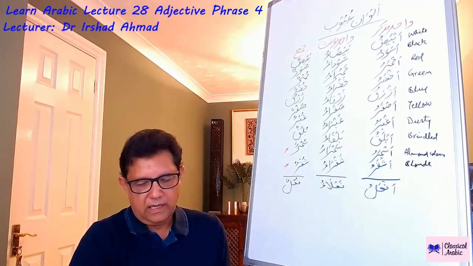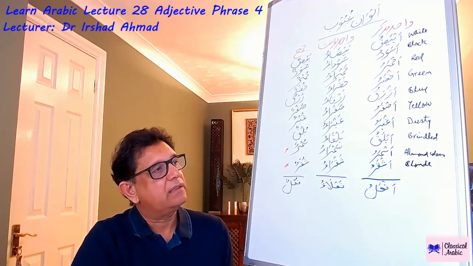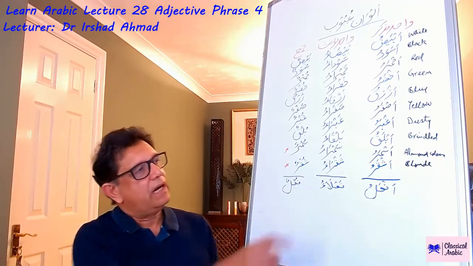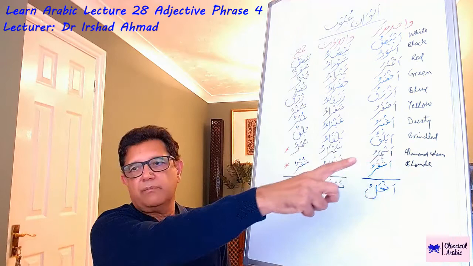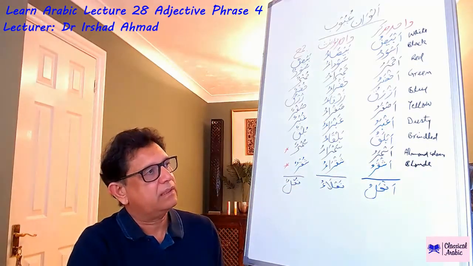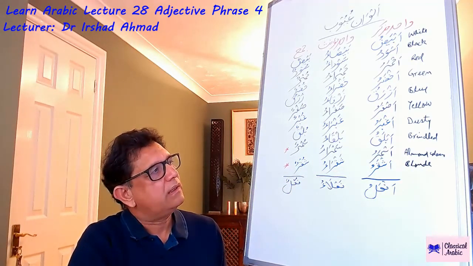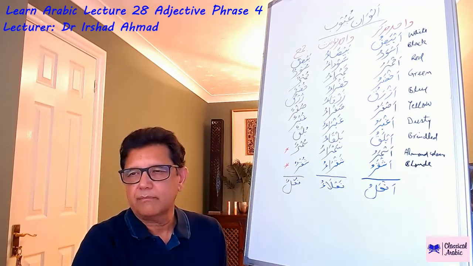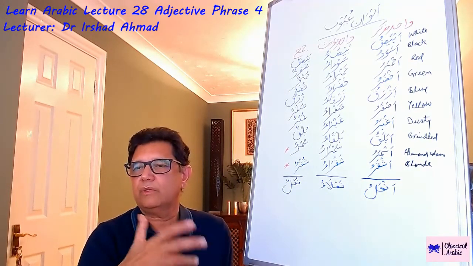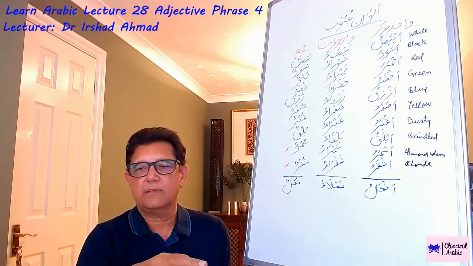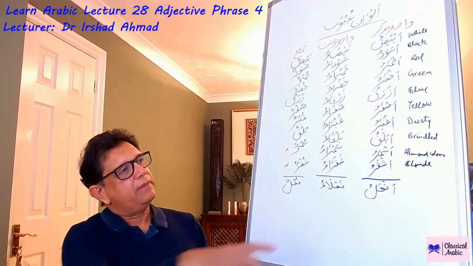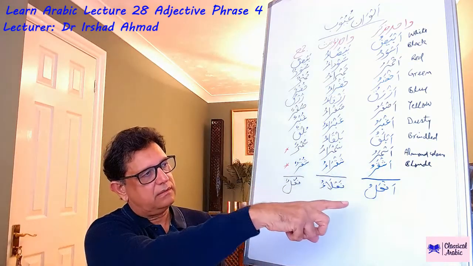Ashkaru in Arabic is light complected, which is blonde, fair color, and asmaru is dark complected or almond color. So asmaru and ashkaru are basically more to do with facial appearance or your demeanor rather than really the colors, but they fall on the same pattern.